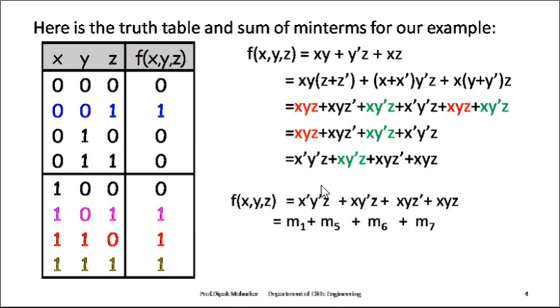So x'y'z is 0 0 1, because where there is no complement we consider 1, and if it is complemented, we consider 0. So here we write 0 0 1, and here you can set it as 1, because this term exists in the function.